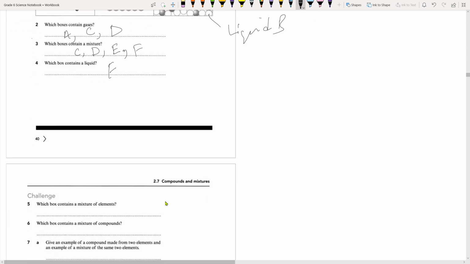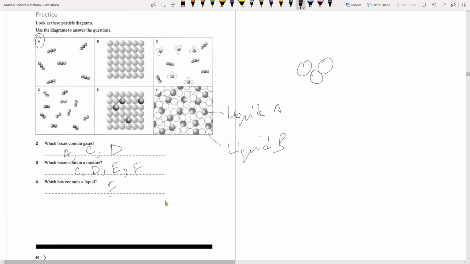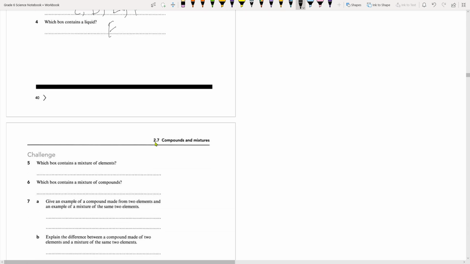Which boxes contain a mixture of elements? That would be D and E, because there are two pure substances. There are these small light gray and dark gray particles, and over here also light gray and dark gray particles, which are separate from one another but mixed around. So that would be D and E. Which box contains a mixture of compounds?